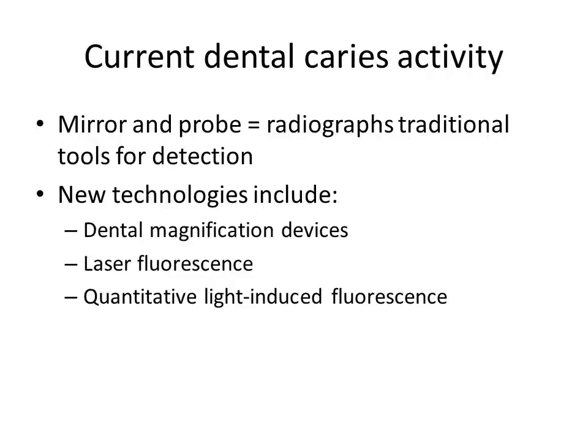So how do we see or detect these active lesions? Well, traditionally what we've used in dentistry and oral health is a mirror and a dental probe. And most commonly in the past it's been that sharp sickle probe.